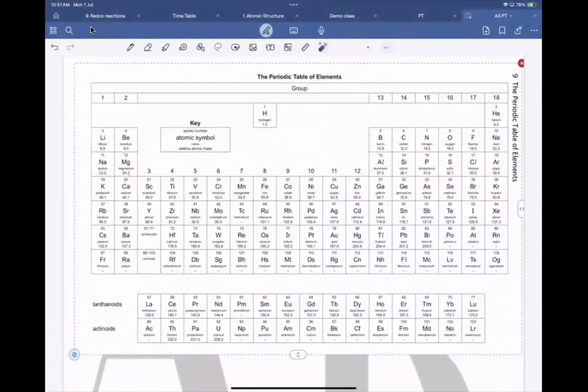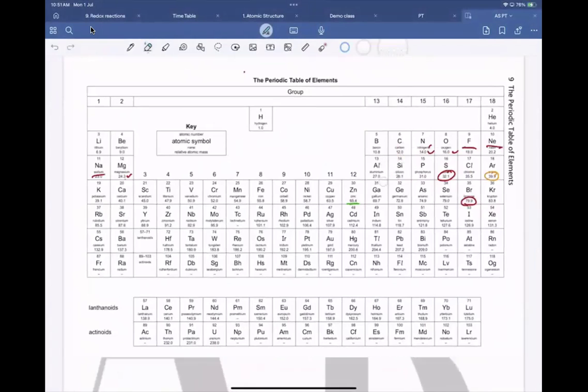Okay, let me ask you one thing. For example, if the periodic table is like this in front of you, and I ask you the electronic configuration of tellurium, where will the tellurium electronic configuration end, can you tell me?